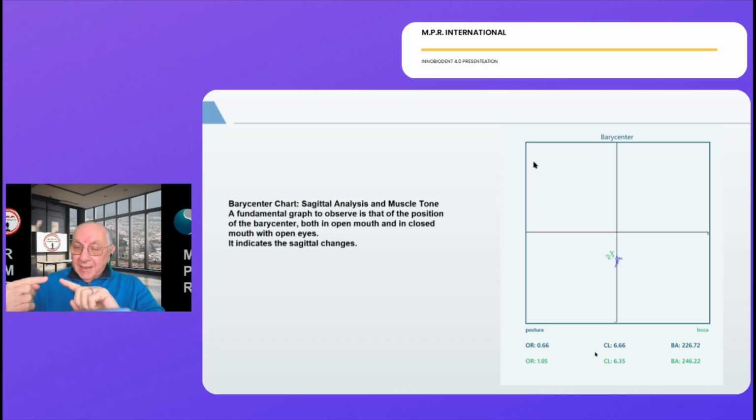And when we have a loss of vertical dimension, we create hypotonia in our muscle chains, and this value increases.